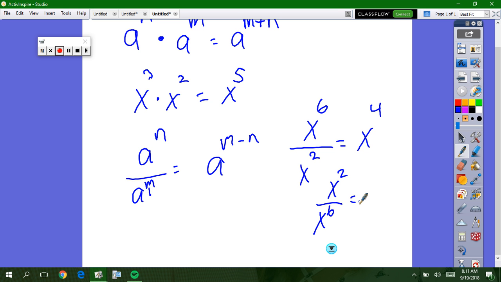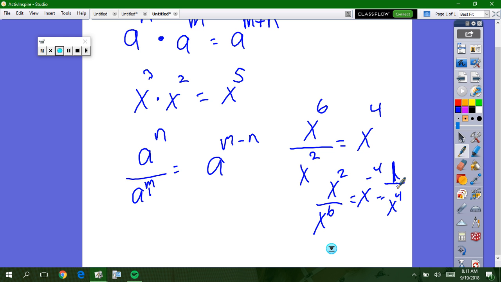What's that? X to the -4th. But do I ever want a negative exponent? So think about it. Where's there more, top or bottom? Isn't there more x's on the bottom than the top? That makes sense. So shouldn't I have more x's on the bottom than the top?